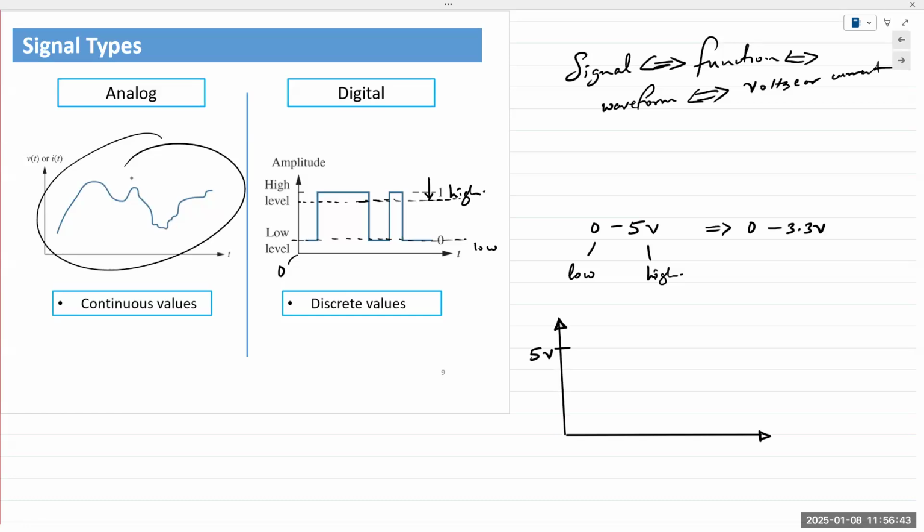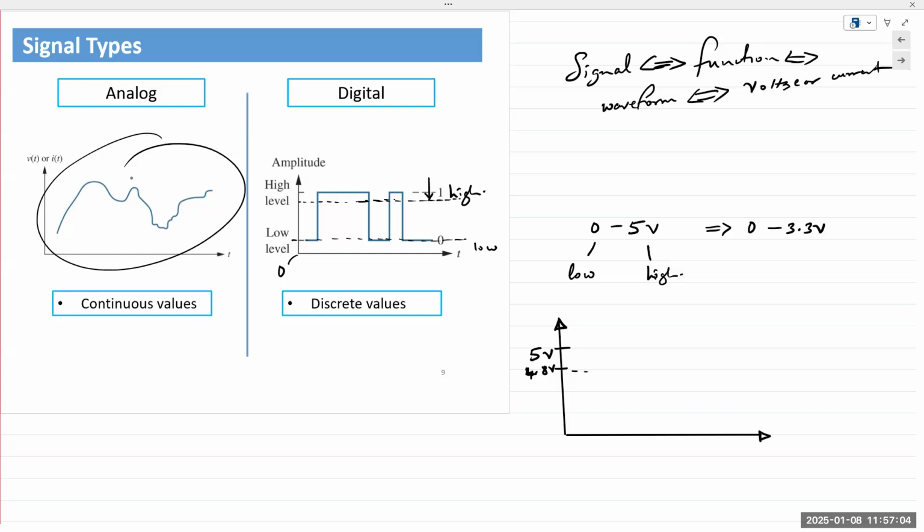So if the 5 dips below, it might go to 4.9, 4.8, let me just mark here 4.8. Well, we want it to be high, so we built tolerance into the system so that 4.8 is also considered as high. So there is a range of voltages where the system would accept it as being logic high.